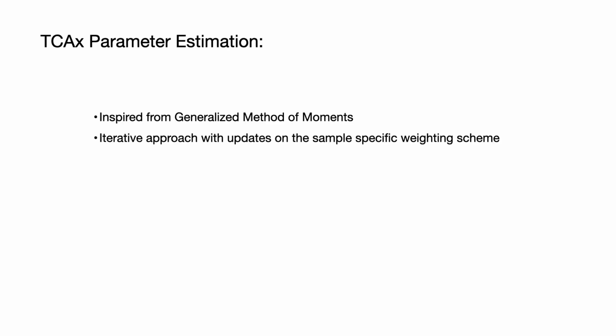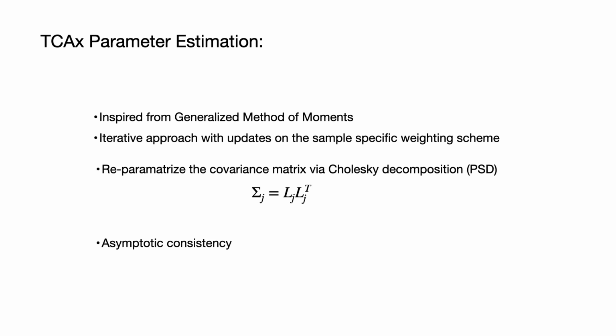Very briefly, without getting into the technical aspects of the actual optimization scheme, we're just going to say that it is inspired by the generalized method of moments. In practice, we do iterative updates. Within every iteration, we're also going to update a sample-specific weighting scheme. Another trick we use is to reparameterize the covariance matrix with the Cholesky decomposition.